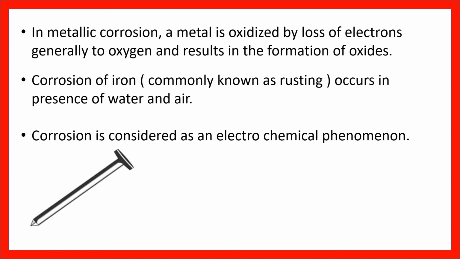Here, during corrosion, at a particular spot on the surface of an object made of iron, oxidation takes place. That means addition of oxygen takes place, and that spot behaves as an anode.